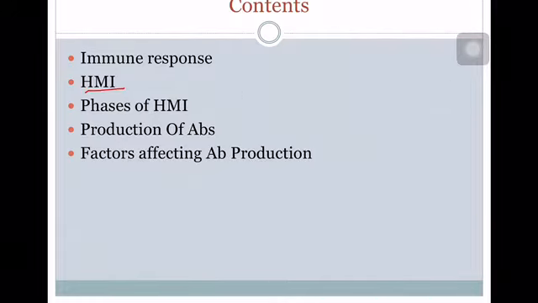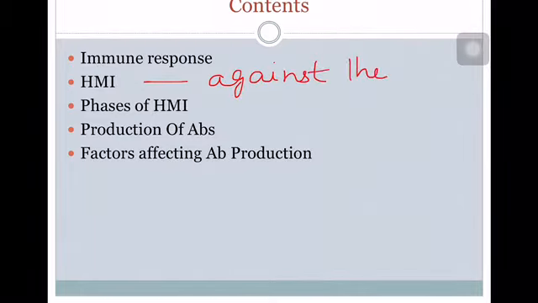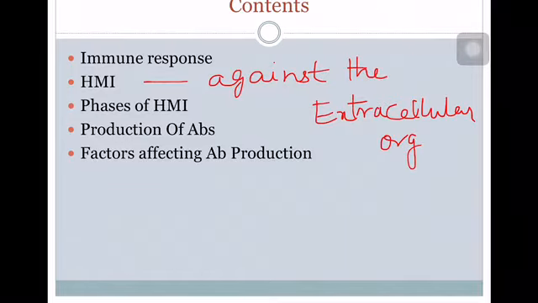HMI, humoral mediated immune response, gives protection primarily against the extracellular organisms. It also gives protection from the viruses that infect through respiratory and intestinal tracts.